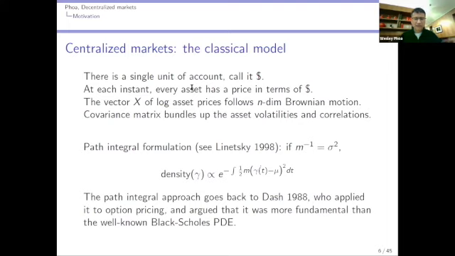This whole path integral approach to finance goes back more than 30 years. It's always been a bit of a fringe thing, but it's been used for practical applications, for pricing path-dependent options and stuff like that.